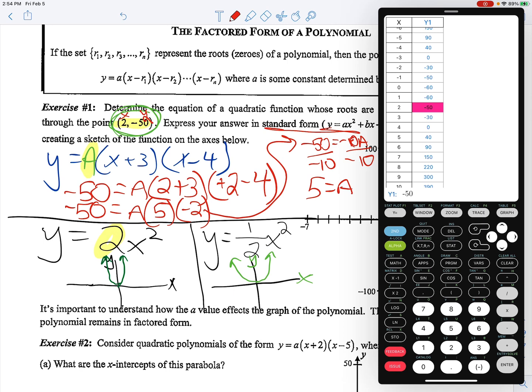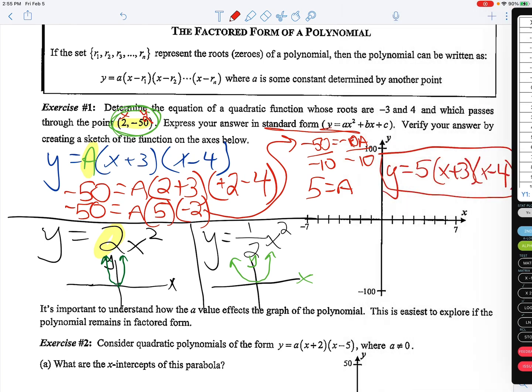The graph, I'm not really concerned about that right now, so let's go to the table. What did we say? X equals 2. Yeah, (2, -50). There you go. So the leading coefficient here, yes, is 5. That's what we're going to be doing with cubics and quartics and stuff like that.